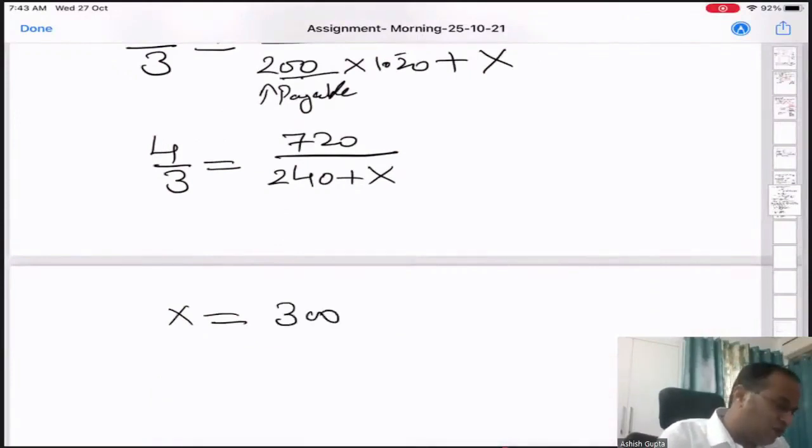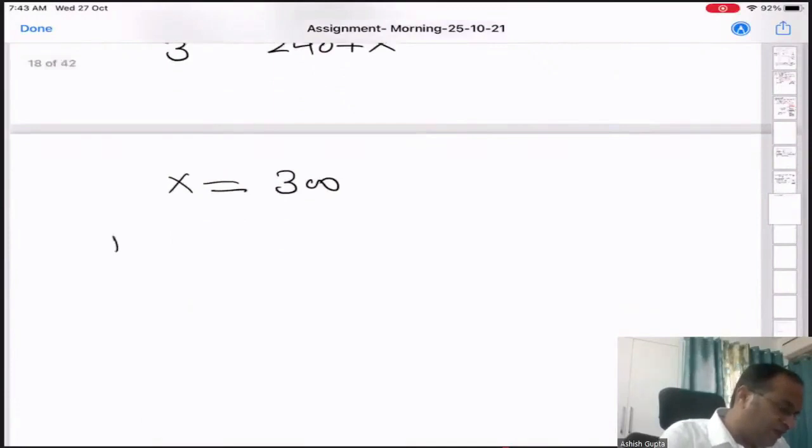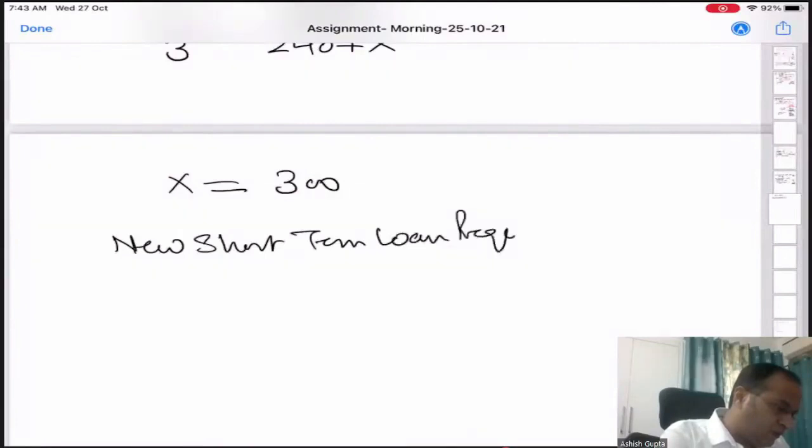So you can say new short-term requirement, okay, rupees 300 lakh.